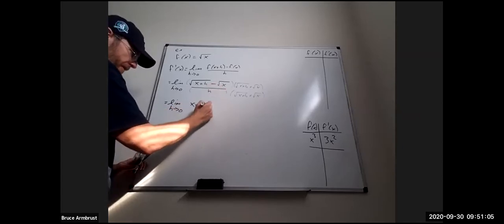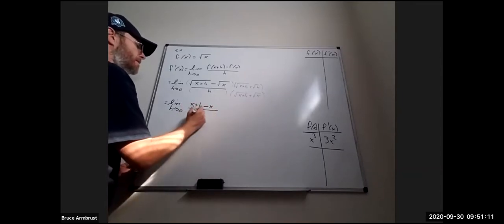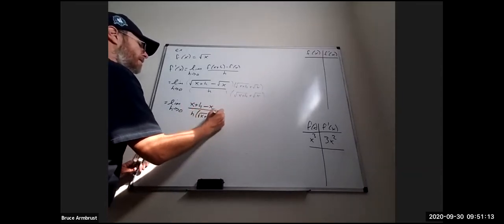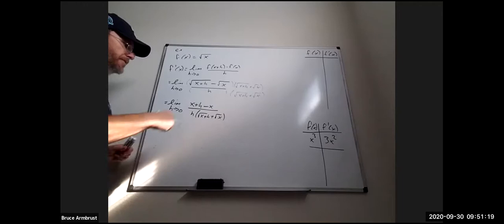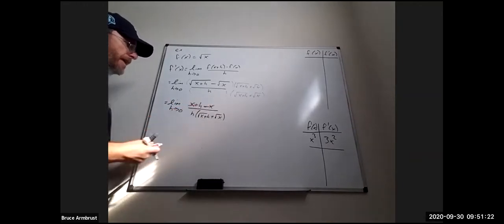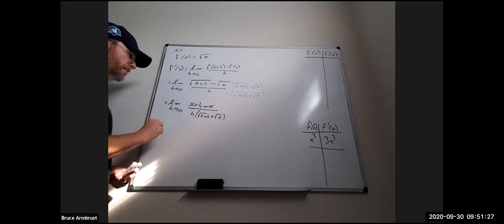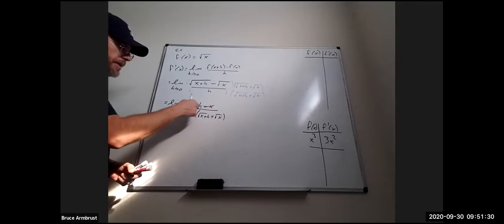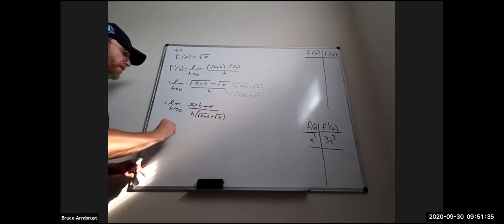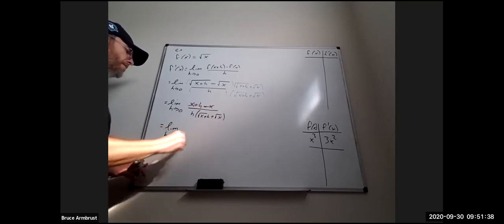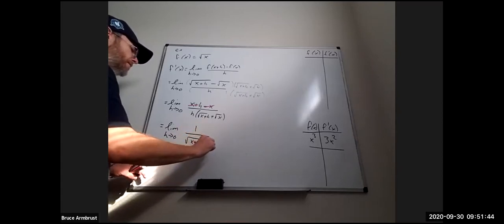The last one squared gives me x, but I subtract them. So I'm going to get x plus h minus x. On top, those x's cancel, because I've got x minus x. And I also can now cancel those h's. The h on the bottom cancels with the h on top. So I'm left with the limit as h goes to 0 of 1 over the square root of x plus h plus the square root of x.